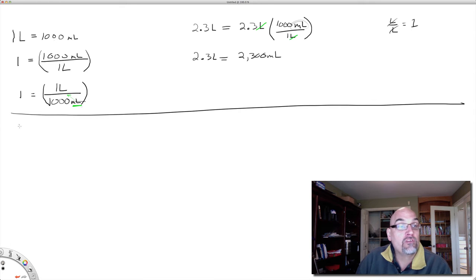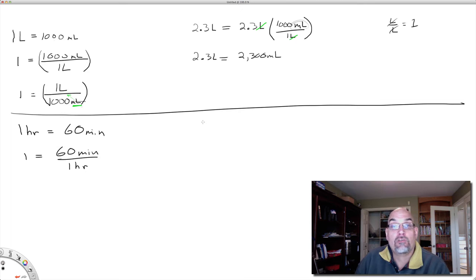Likewise, I know that 1 hour is equal to 60 minutes. So if I want to convert from hours to minutes, I'll divide both sides by an hour, and my conversion factor is 60 minutes divided by 1 hour. So say I have 2 hours, and I want to convert that to minutes. Well, you guys all know that it's just 60 times 2.